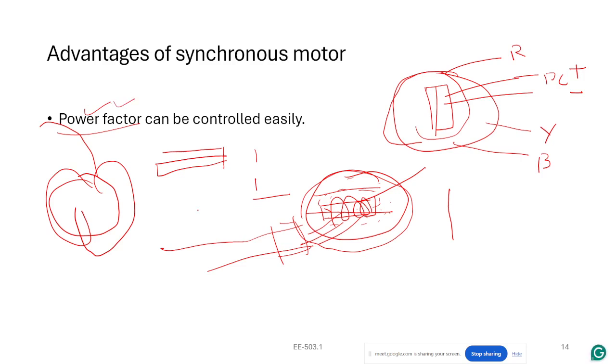The motor is connected to the power supply at the R, Y, B terminals. Suppose we run the machine in a laboratory.